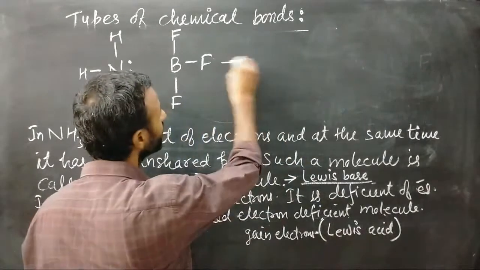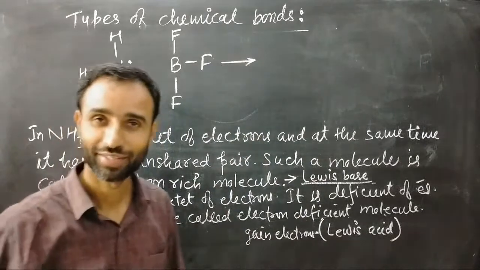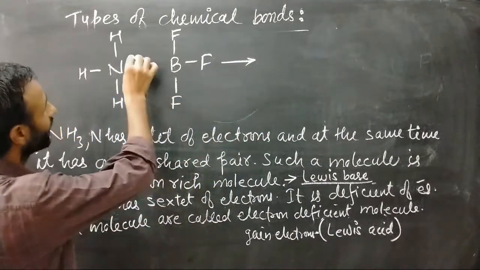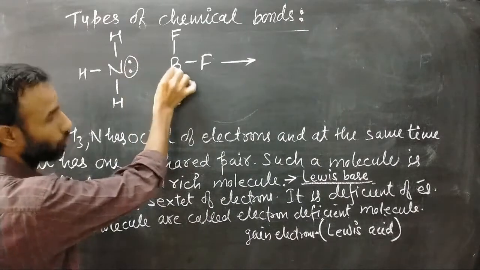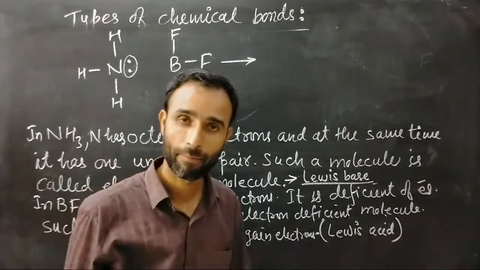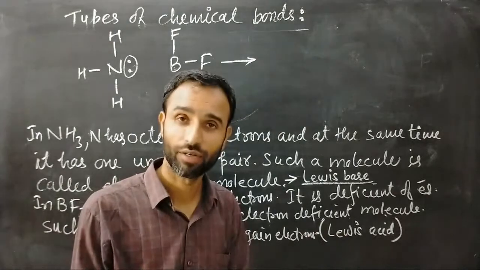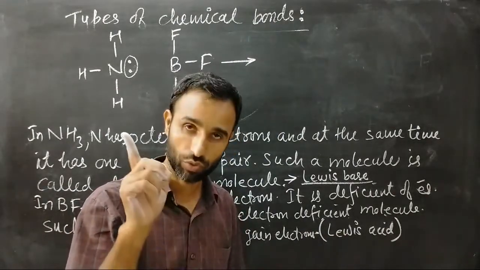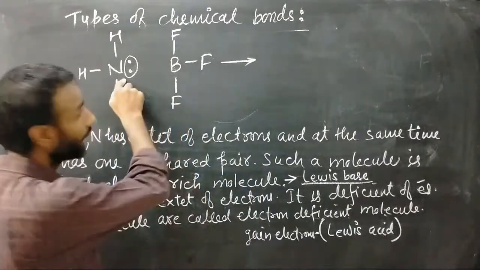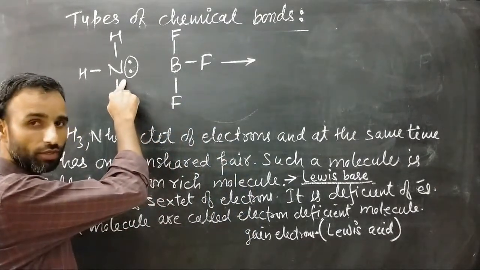Now there is a compromise. See, if this nitrogen shares this whole pair with boron, there is a sharing, but the shared pair is given by a single atom.